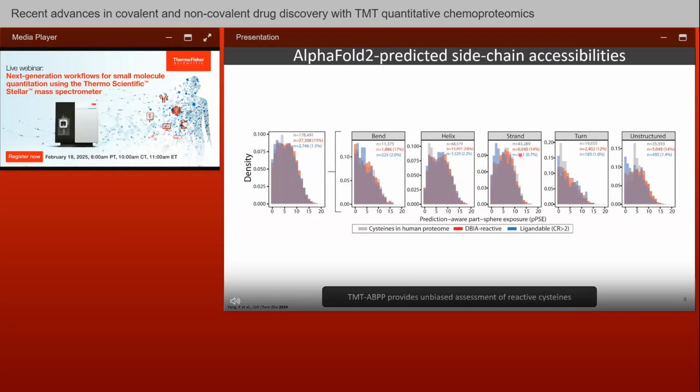The red and gray always overlap, but you do see a slight bias in the blue bars, which means that the molecules we screen do sometimes prefer surface-exposed cysteines, which makes sense because they're relatively easier to target, right? But overall, our workflow provides an unbiased assessment of reactive cysteines.